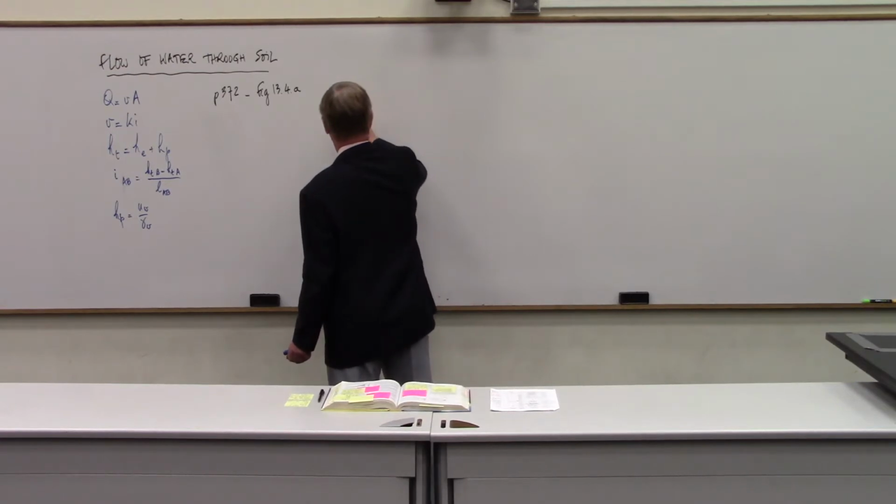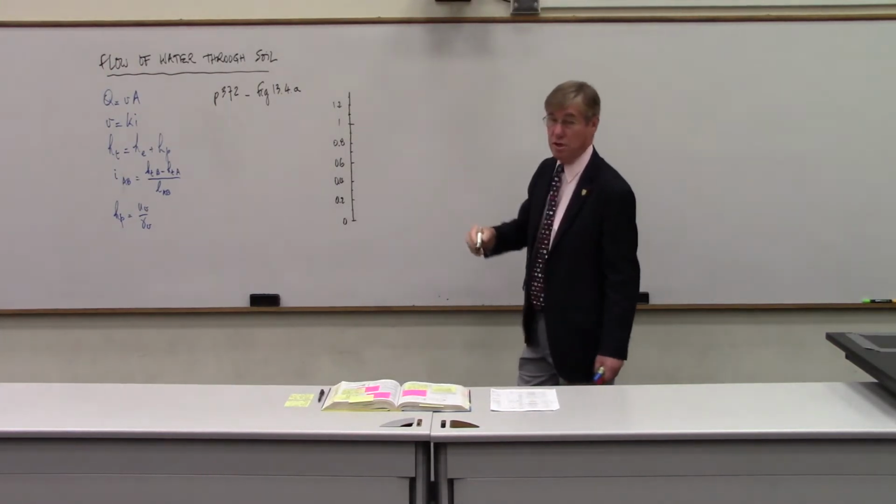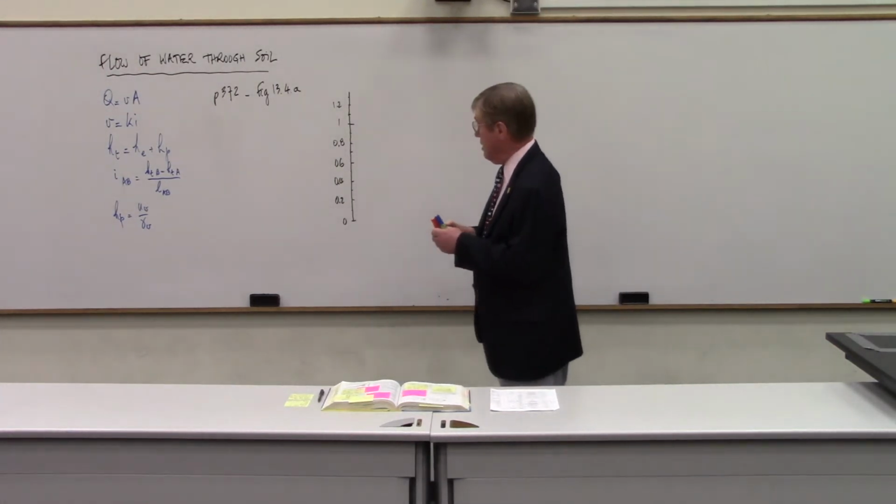So 1 is going to be here, and then 0.2, 0.4, 0.6, 0.8, 1.2. And we'll need the intermediate graduations like this. So that's the vertical scale, meters if you would.